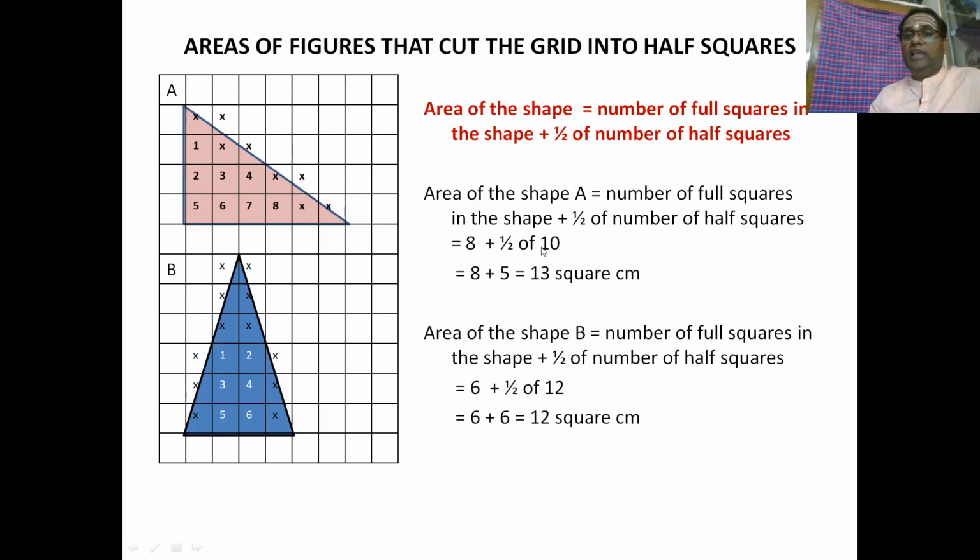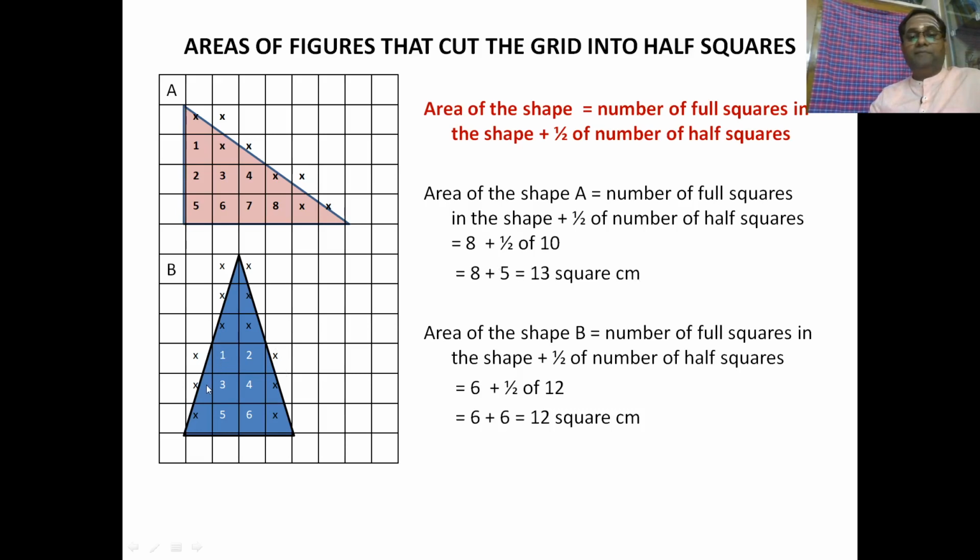There are only 8 squares, not 10. So 8 half squares. Half of 8, if you cut 8 into half, it becomes 4. So number of full squares is 8 and number of half squares is also 8. I'll divide 8 by 2. So I'll get 4. So 8 plus 4 will make 12 square centimeters.